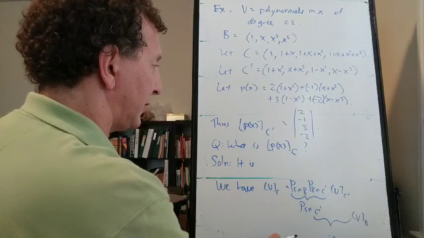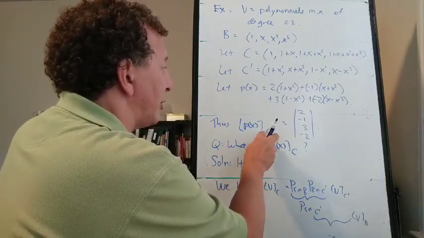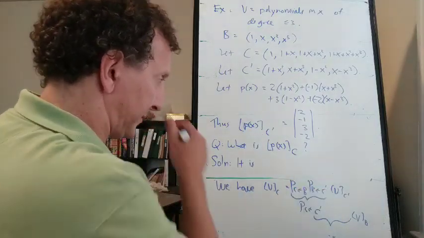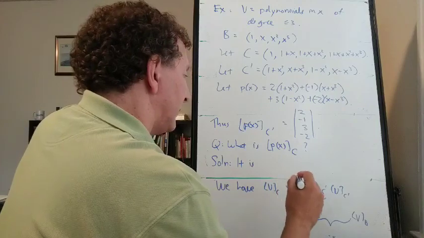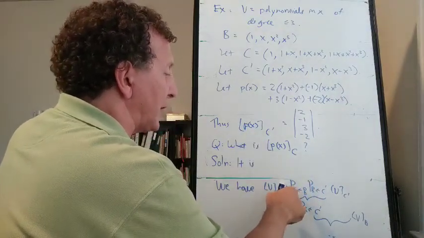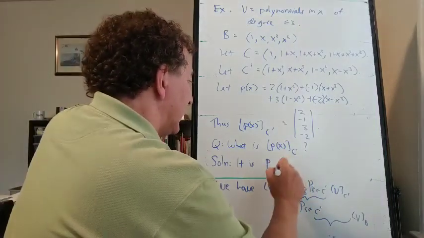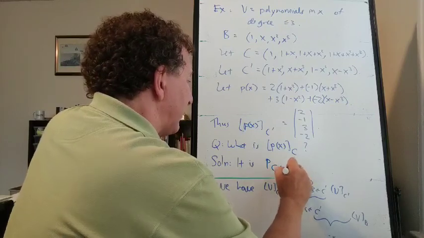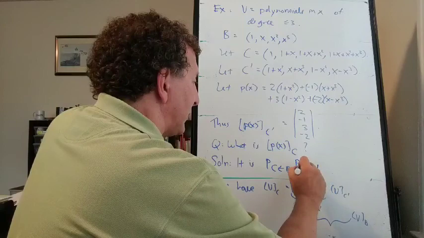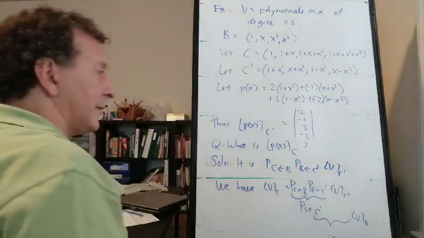And the solution is, first we'll convert the coordinate vector with respect to C prime to a coordinate vector with respect to B by multiplying by one matrix. And then we'll convert the coordinate vector with respect to B to a coordinate vector with respect to C by multiplying by another matrix. So it's P converting from B to C times P converting from C prime to B times the coordinate vector with respect to C prime.